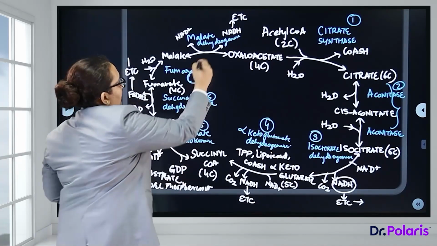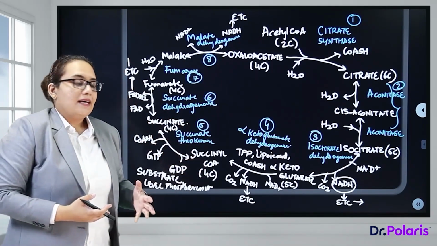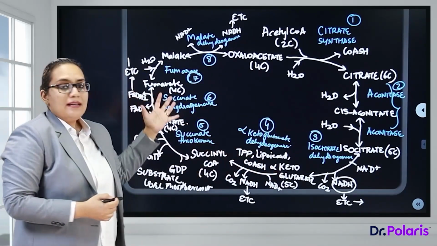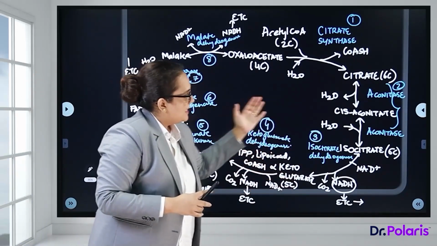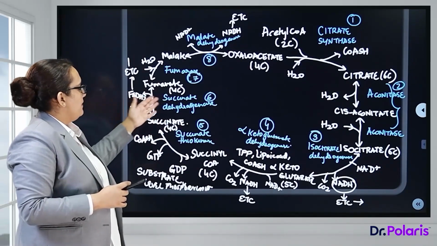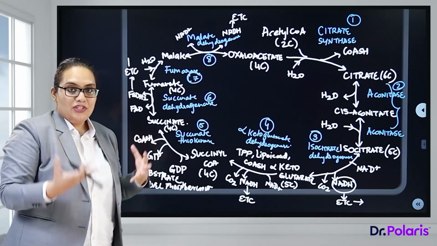This becomes the 8th step. So you can see very well in the citric acid cycle, there are 8 steps and 8 enzymes, and the main thing over here is the production of energy, especially at steps 3, 4, 5, and even at 6 and 8.